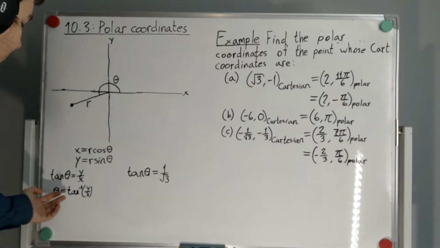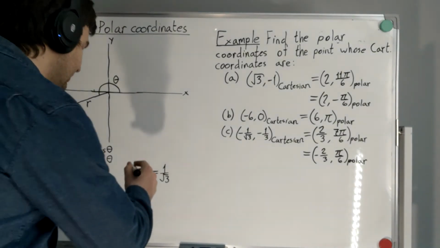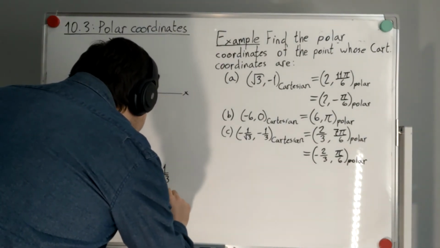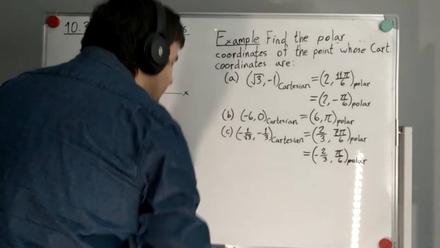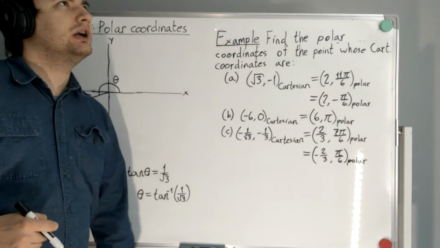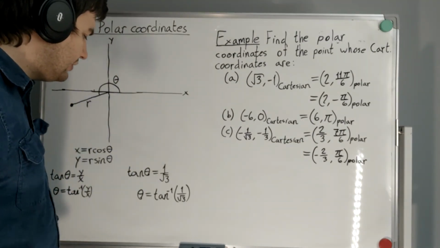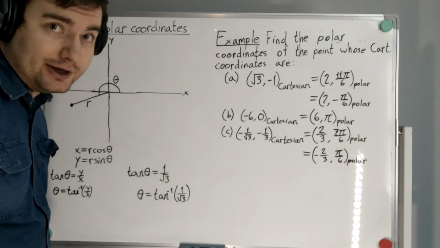But according to these sources, you can just take the arctangent of both sides. So according to these sources, it's perfectly fine to say theta equals arctangent of 1 over root 3. And if you put that into your calculator, let's see here, 1 over root 3, the arctangent that will give you is pi over 6.